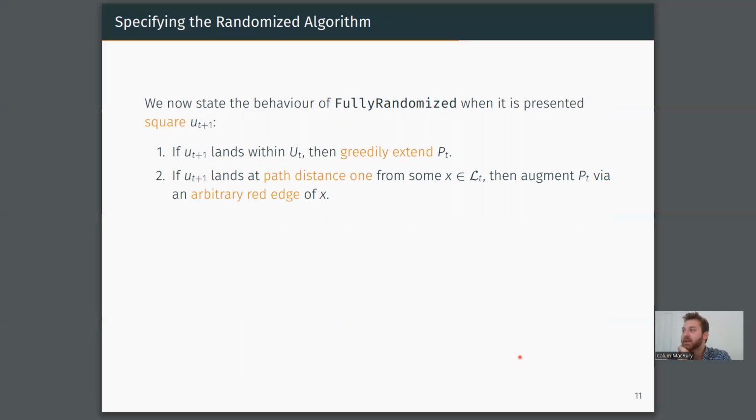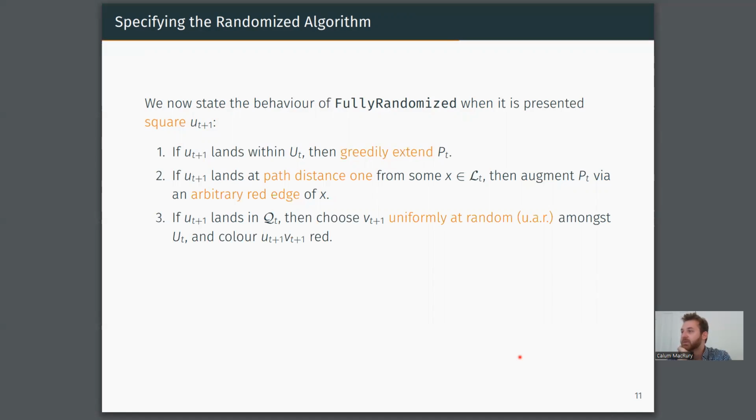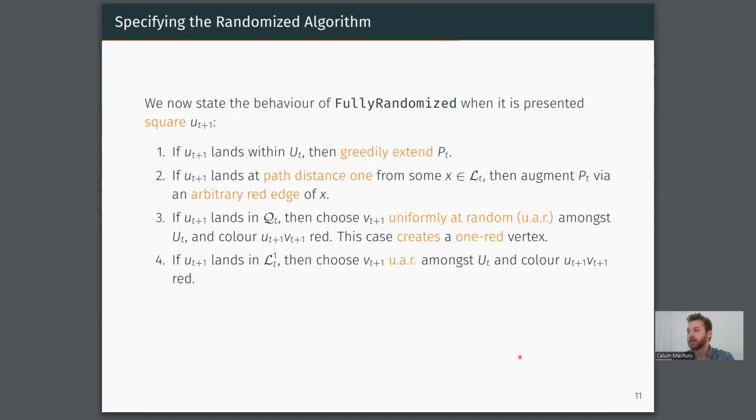If it lands next to a red vertex, then we're going to augment the path via an arbitrary red edge of X. And if it lands within the permissible set, then we'll choose the circle uniformly at random amongst the unsaturated vertices and color the edge red.